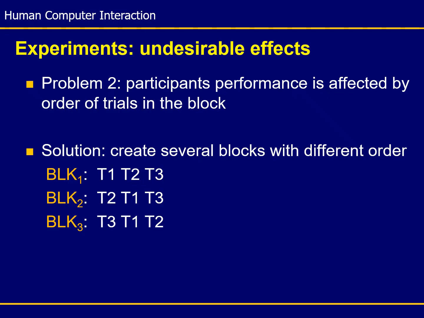So if there is any one trial that is problematic, that is causing the user's performance to go either way, too excited, too fast, too slow, too bored, too tired, it will be averaged out, not nullified, by the placement of other trials in its place in the other blocks.